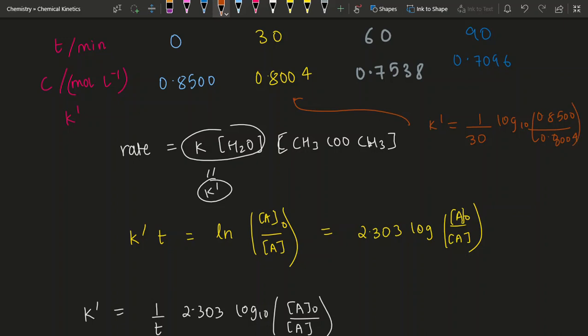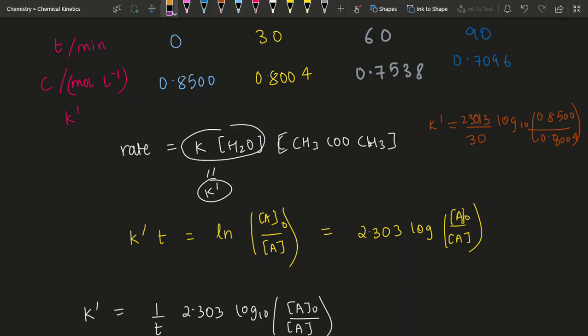If you use a calculator, and if you use log 10, there will be a 2.303 as well. And you would be given log tables, by the way, if you are intended to solve this problem.